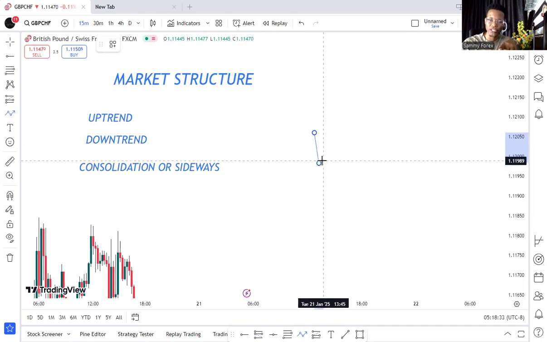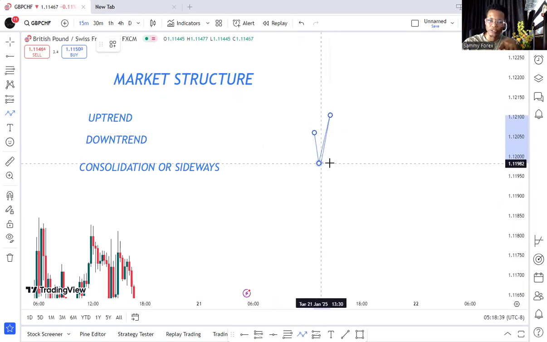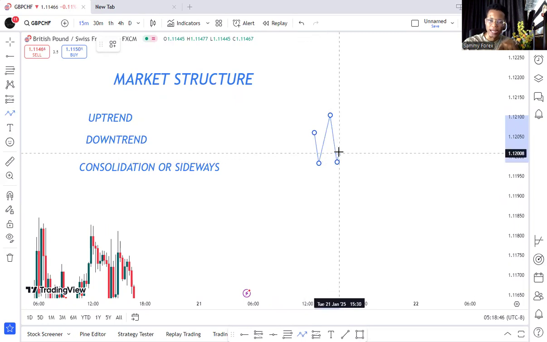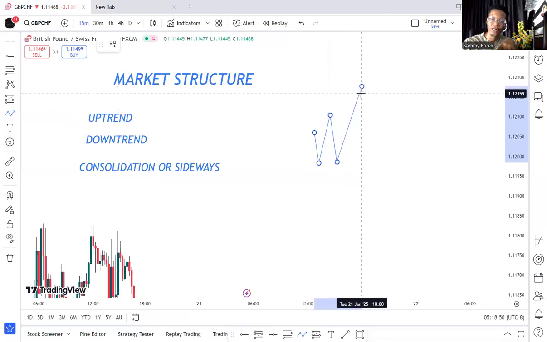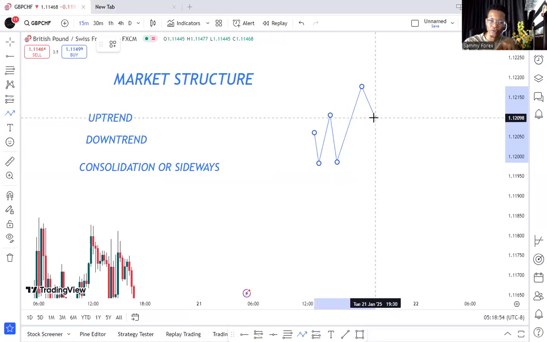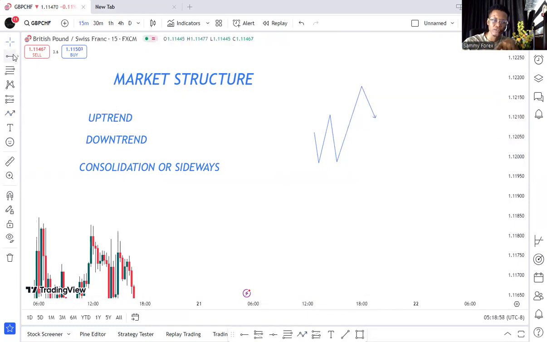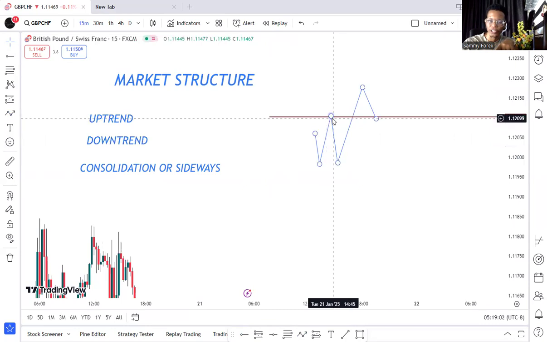And then you notice price going up, breaking this high that it created here, and then coming back down, wasn't able to break this low, and then instead went back up, broke this high. You notice that price is in an uptrend. What you have to do is to wait for price to come back to this low. This will be your entry zone when price comes back to this area of rejection.